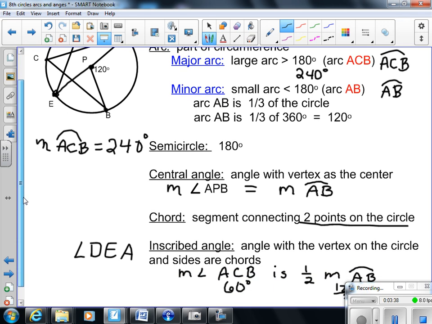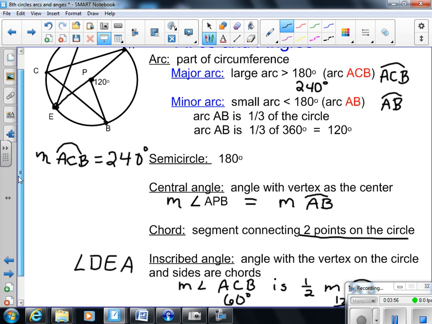All right, now let's talk about some more angles. We talked about an inscribed angle versus a central angle. The central angle is based on, and the key word here is central, or the center. That's where its vertex is. An inscribed angle is different because the vertex lies on the circle and the sides are just chords of the circle.